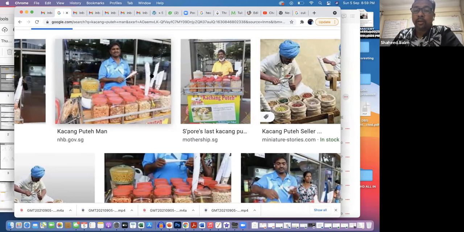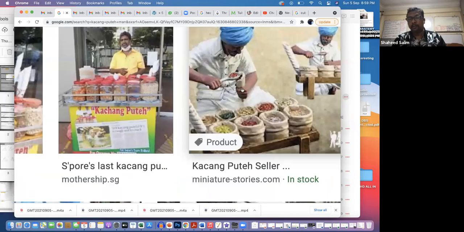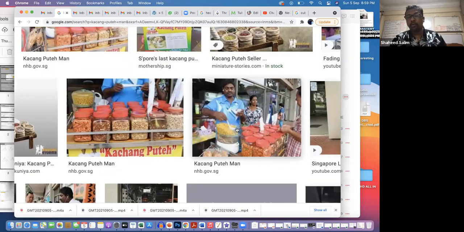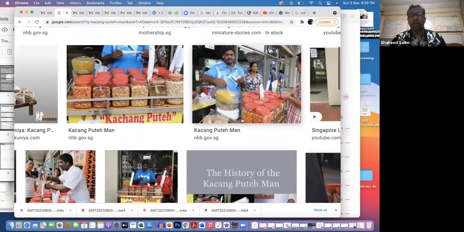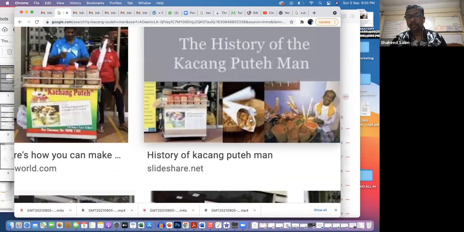Last time there was a phone book, I take from the phone book. So this paper is not so clean actually. Then there are a lot of kacang, kacang goreng. So you ask them, they will roll a piece of paper into a cone, put all the stuff inside, and use a scoop to pour inside. Then they give it to you, and for $1 you can buy. Okay, this is the kacang putih man. Inside is like that.